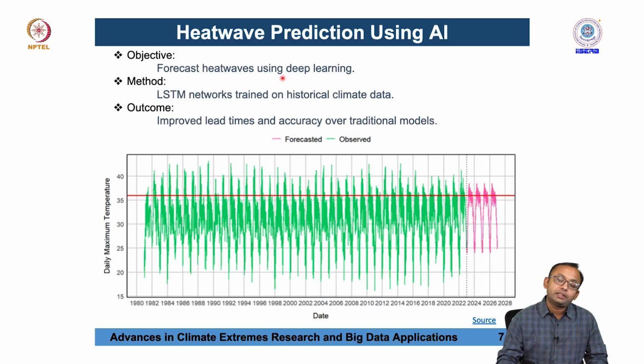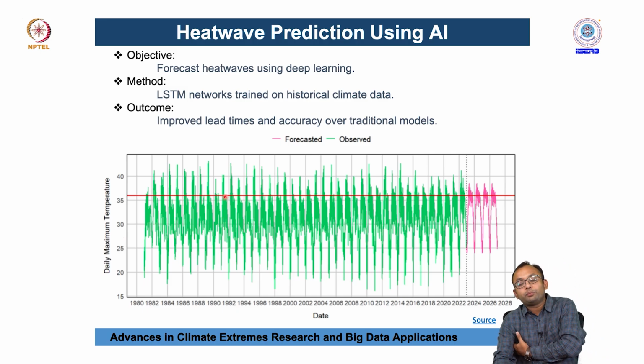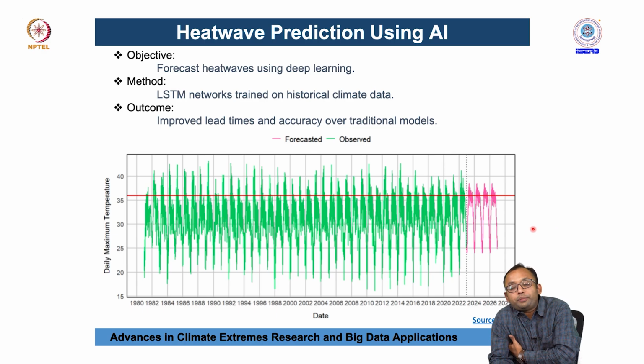Heat wave, for example, this is an example of heat wave prediction using AI. Now, you can see that this is the historical observed data set, and an LSTM kind of deep learning network can train on the historical climate data, daily maximum temperature, and then it would be possible to tell how the heat wave is likely to behave in the next few years, 3-4 years like that.